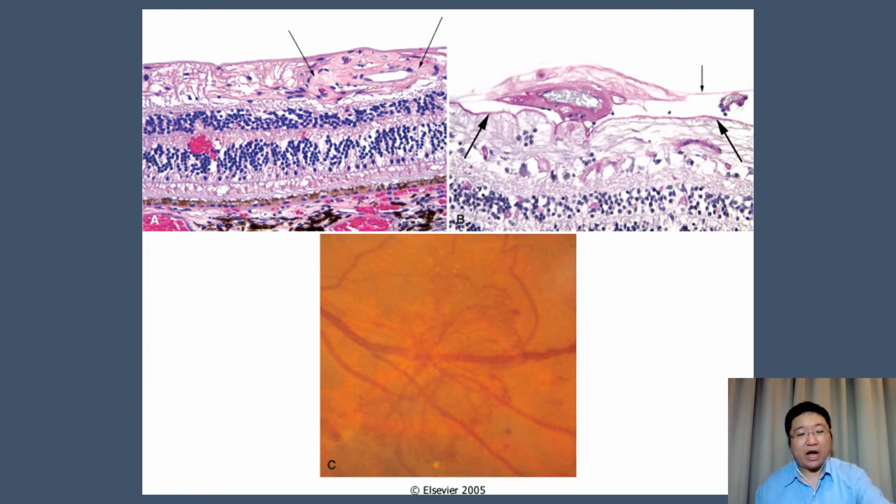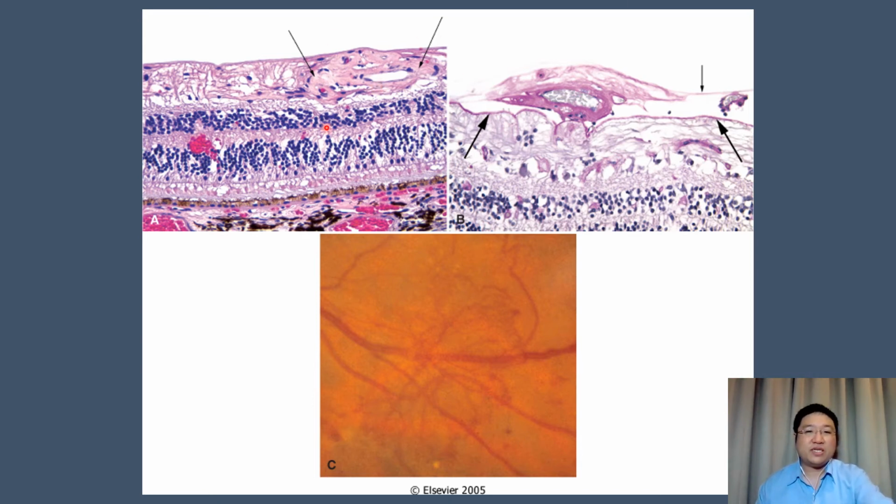So on the left side here, it is the neovascularization beneath the internal limiting membrane. So this is only in the pre-proliferative or background diabetic retinopathy.